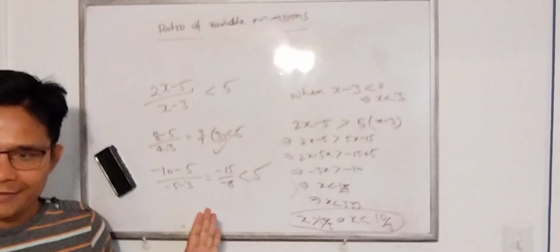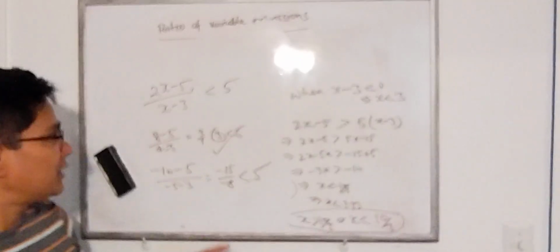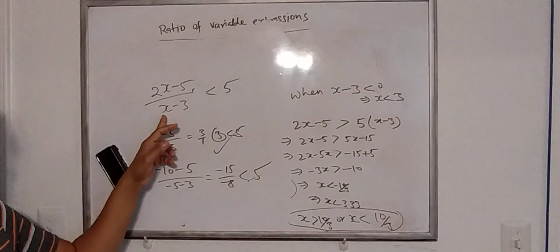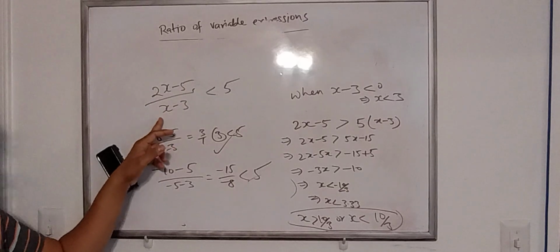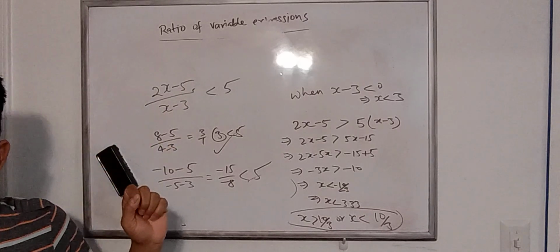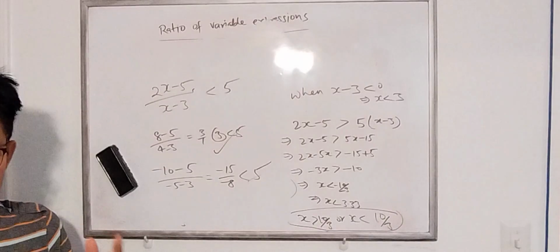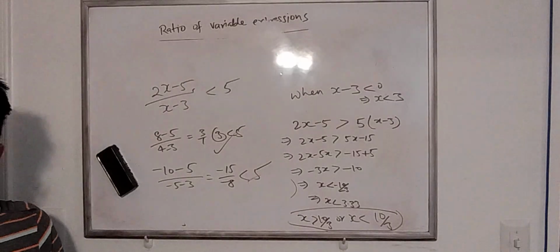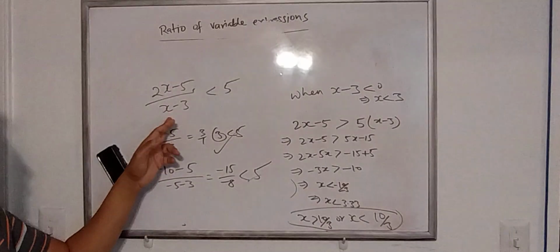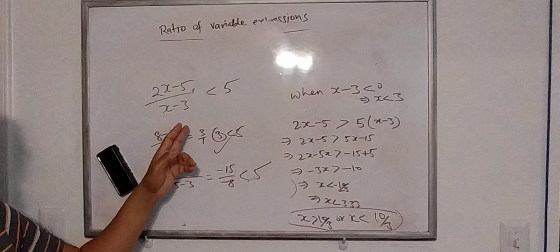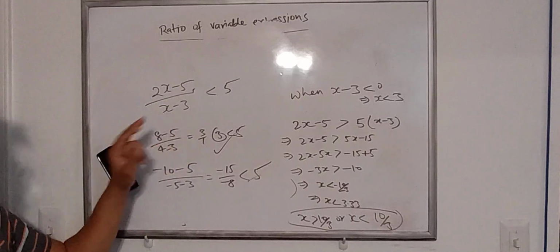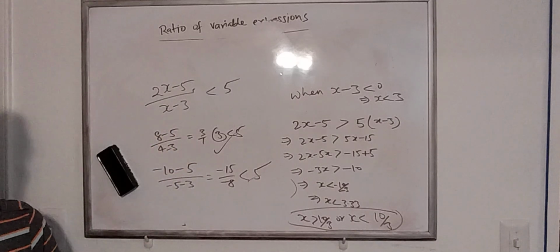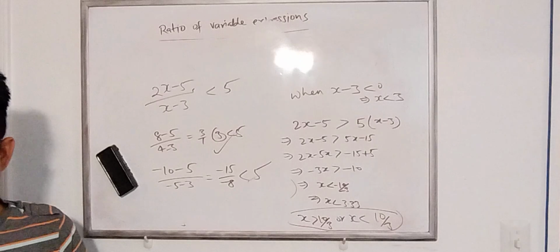So remember, from this problem, what did you learn? That if you have some variable as denominator, you have to think about two conditions. One, what if this expression is greater than 0? What if this expression is less than 0? Basically, this expression is positive or negative.